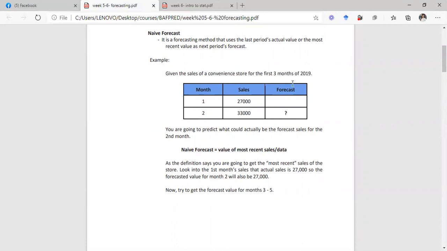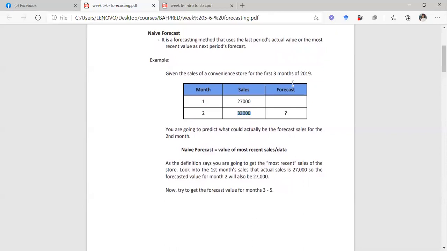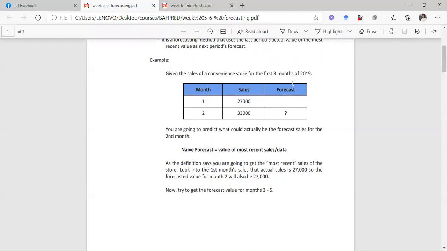Say for example, we have here for the months 1 and 2, the sales is 27,000 and 33,000. So in order for us to find the forecast here, we should get the value of the most recent sales data. So the forecast for our month 2 is equal to 27,000.